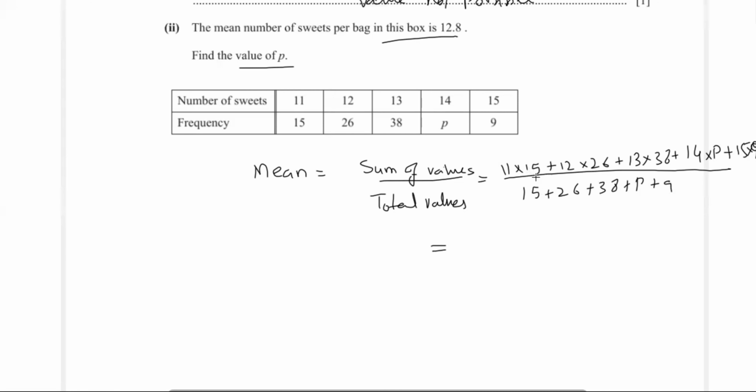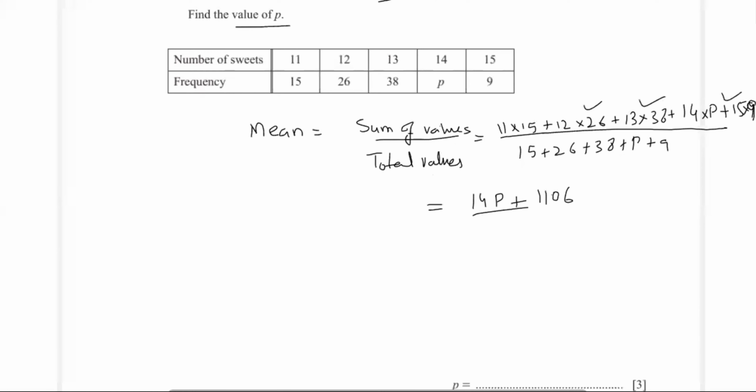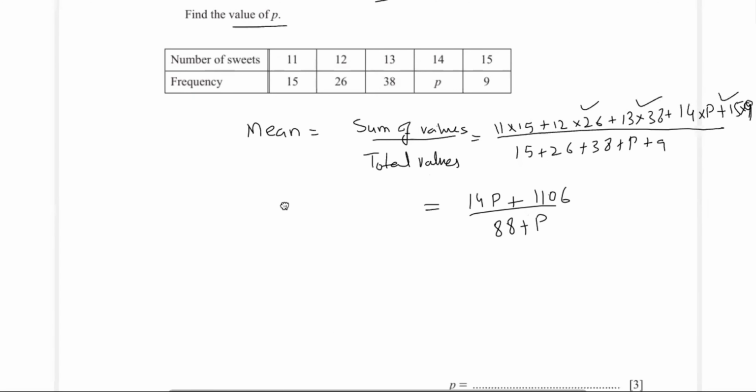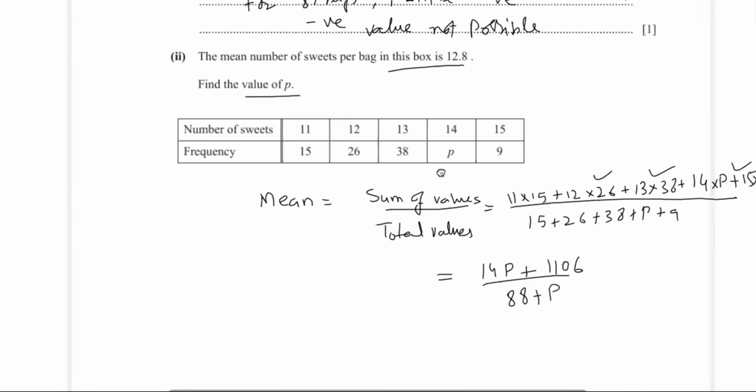Now you see here, 14P plus 11 multiplied by 15, plus 12 multiplied by 26, 13 multiplied by 38, 15 multiplied by 9, the sum will be equal to 14P plus 1106, and the sum of 15 plus 26 plus 38 plus 9 is 88 plus P. Now the mean value of the number of sweets per bag will be 12.8.